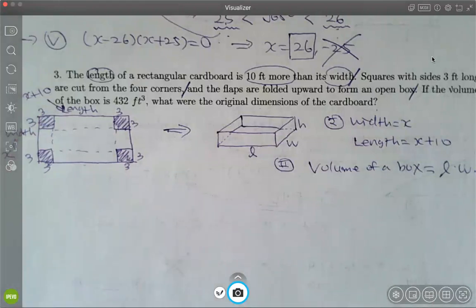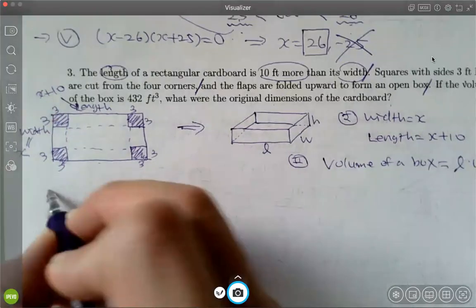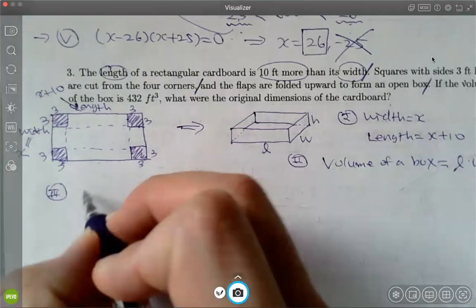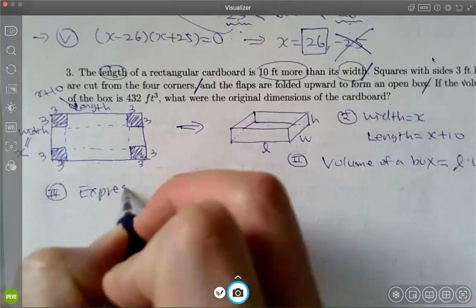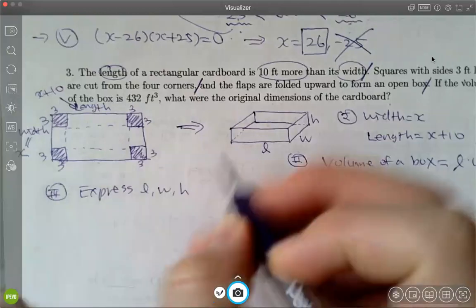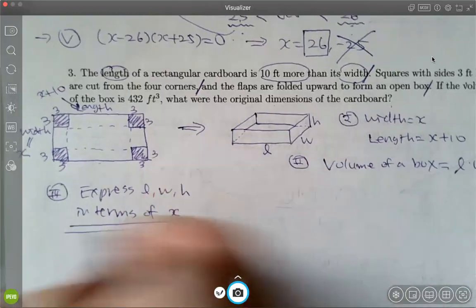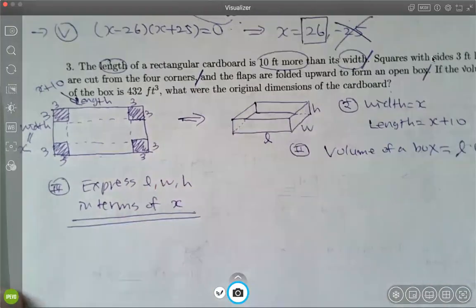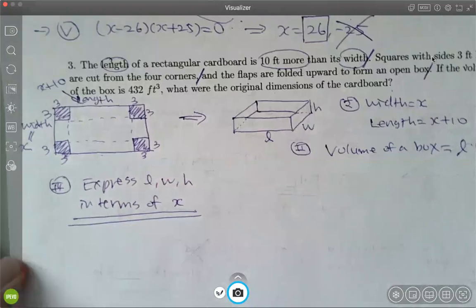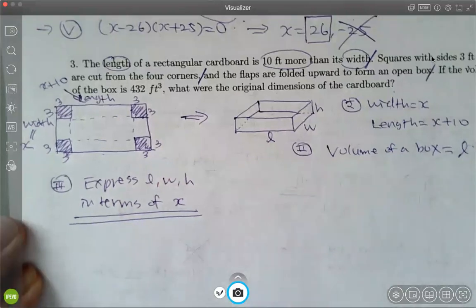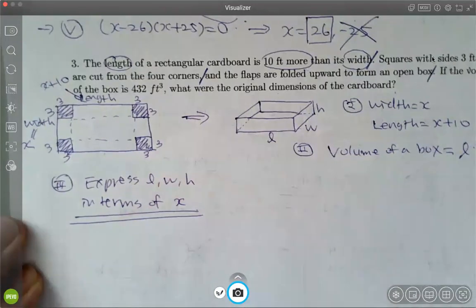No, you cut out some pieces, right? Okay, so what is step number 3? Express L, W, and H in terms of X. Because L is not x plus 10 and W is not x. X was the width of the rectangle, not the box, right?